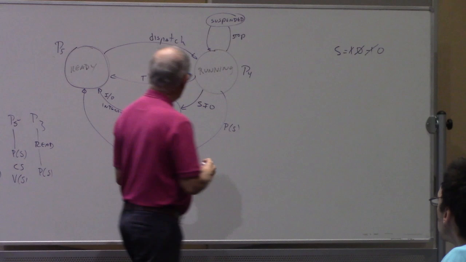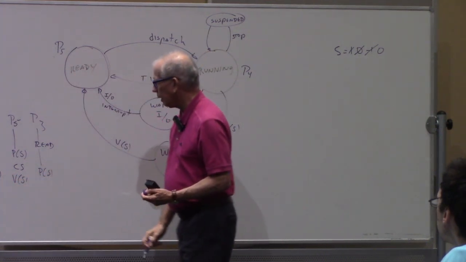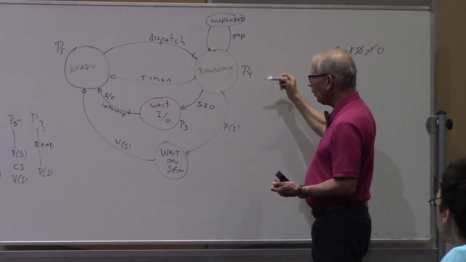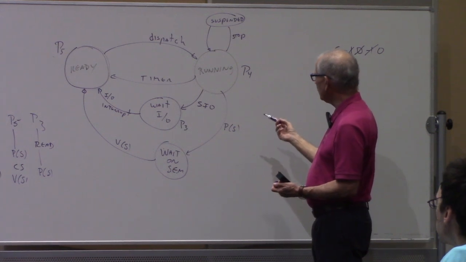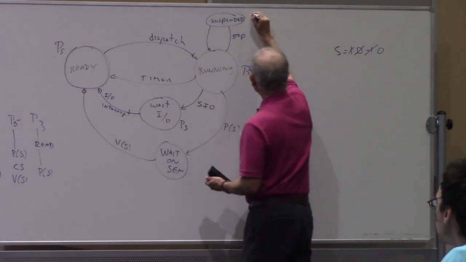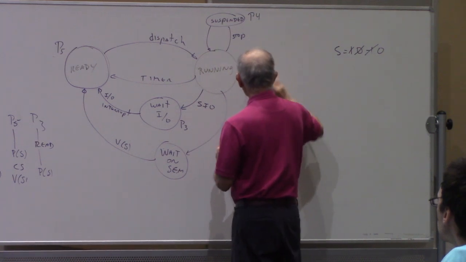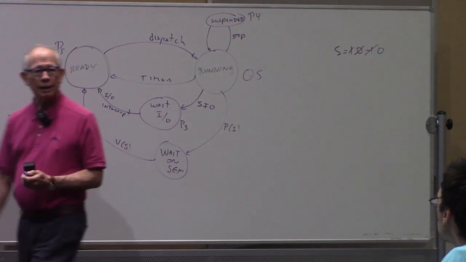And then, well, P4 is running, but P4 is somewhere over here. Then if there is an I/O interrupt, what is going to happen? If there is an I/O interrupt, P4 will be suspended, so the OS needs a CPU to handle the interrupt.